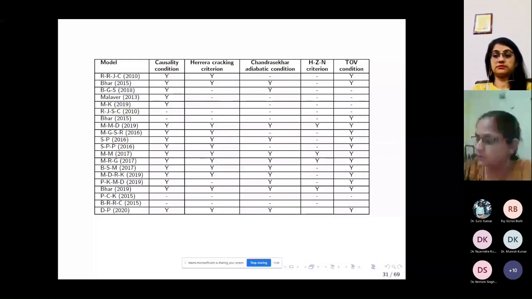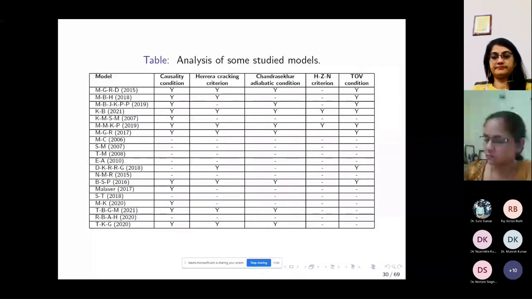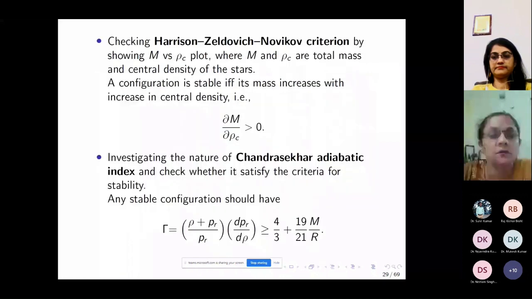If the sum of all these forces is equal to 0, then that is known as the Tolman-Oppenheimer-Volkoff condition. This first model, MGRD, is capable of satisfying all the criteria except the HZN criteria, that is the Harrison-Zeldovich-Novikov criteria.